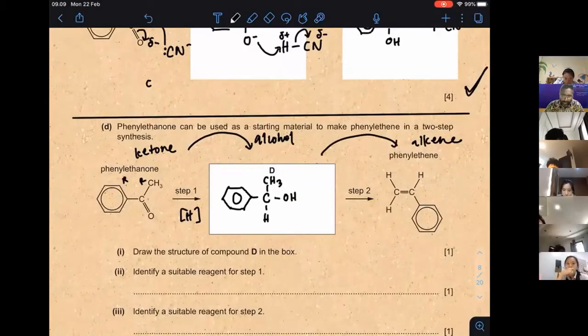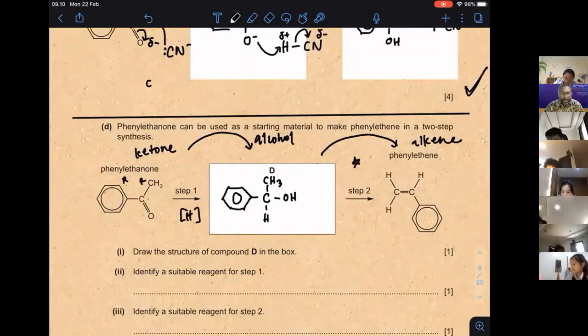Now, to produce something related to alkene, I know for sure this one must be something related to dehydration, because it's quite limited. What are the reactions that can give you a double bond? Maybe if I have alcohol, then I can dehydrate.